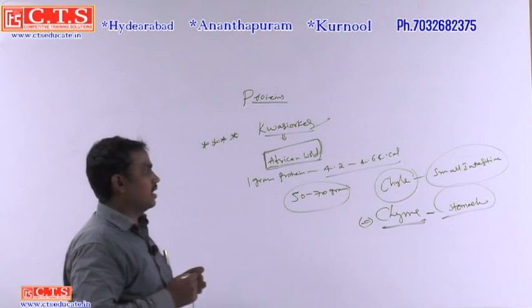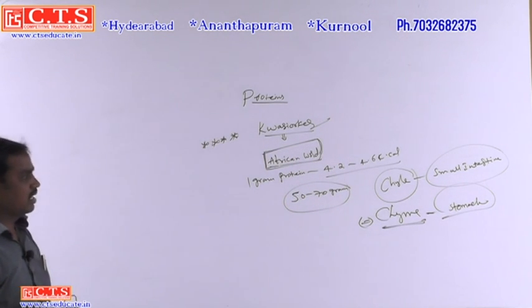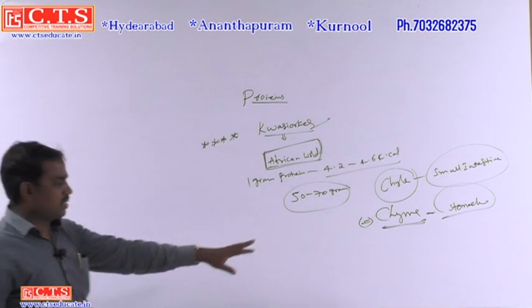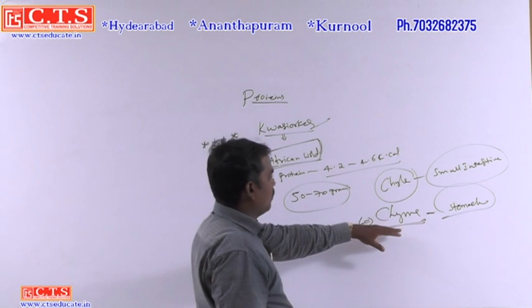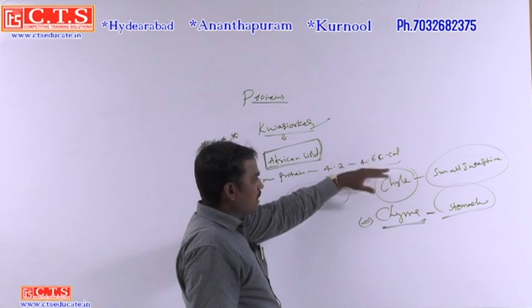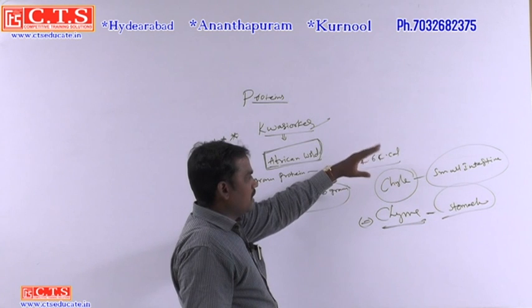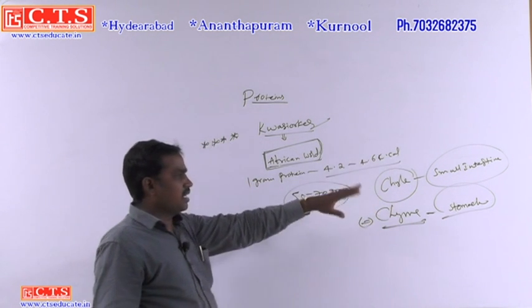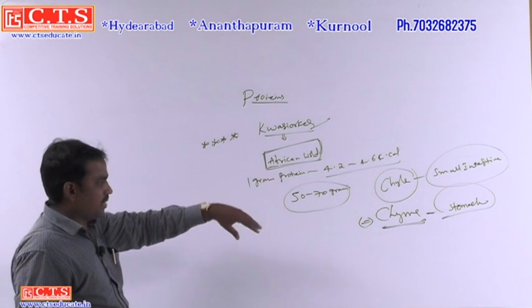Chyle is located in the small intestine; chyme is located in the stomach.